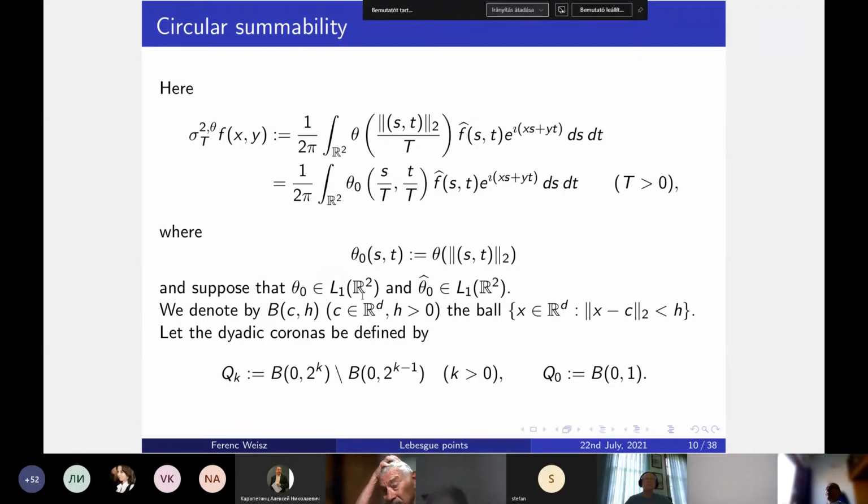So if this condition holds, then the integrals are well defined. The one or two-dimensional balls are denoted by B(c, h). The center of this ball is c, and the radius of the ball is h.